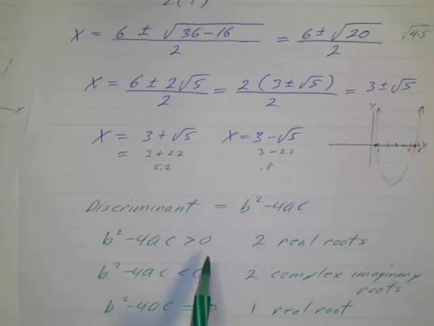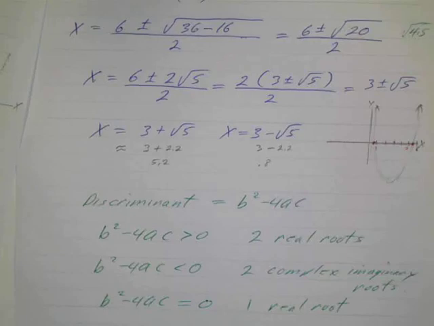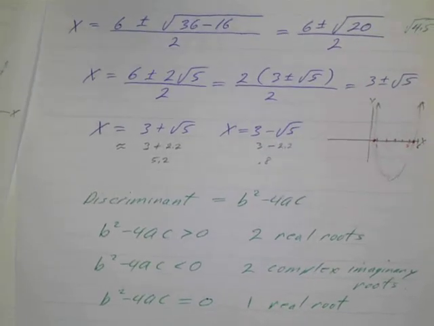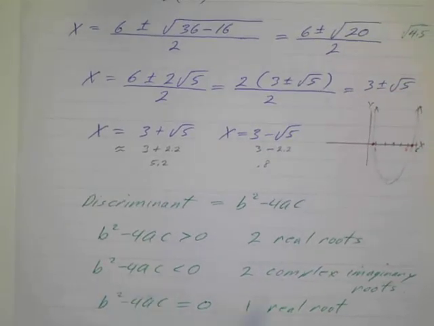So you can just look at the discriminant, and sometimes they just ask you to look at the discriminant and describe the roots. So all you have to do is calculate b squared minus 4ac. If you get a positive number, you've got 2 real roots. If you get a negative number, you have 2 complex roots or complex imaginary roots. And if you get 0, you have 1 real root. And we showed you the examples there.